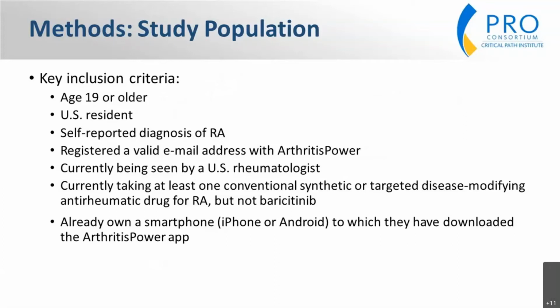One thing unique about this study population is that participants were part of this registry and already owned a smartphone and were completing daily and weekly assessments about their symptoms and flare-ups and things like that. So these were participants already used to performing such tasks as were required in our study.